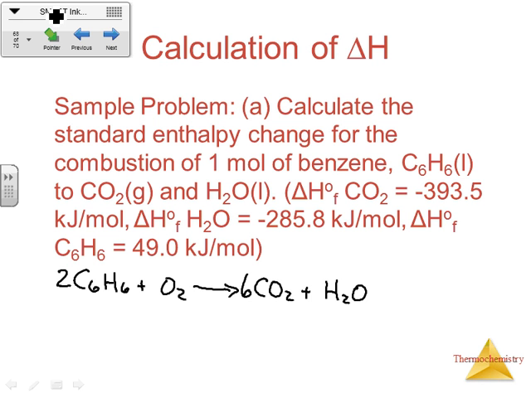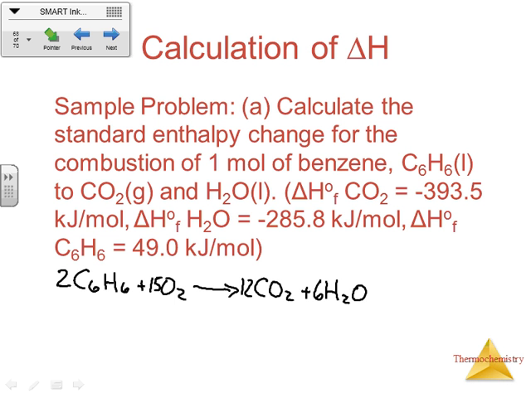So that's going to be 12, so I put a 6 here. And I'm going to have to put a 12 here. And that gives me 24, 30, so then I put a 15 here. So that's fun. Okay, so we've got some big coefficients here, so that's going to be kind of messy.